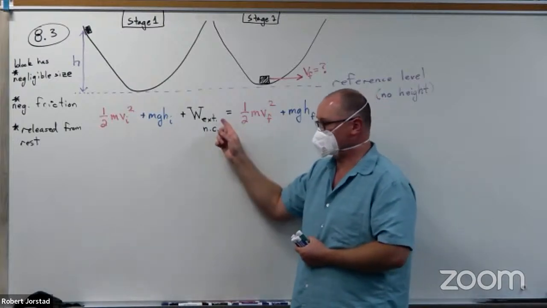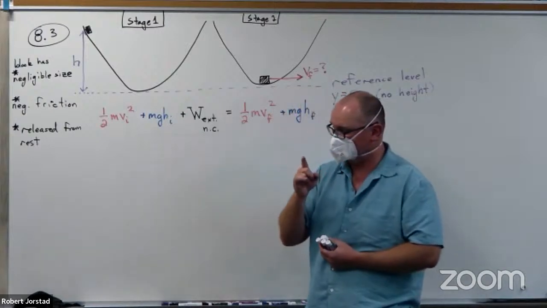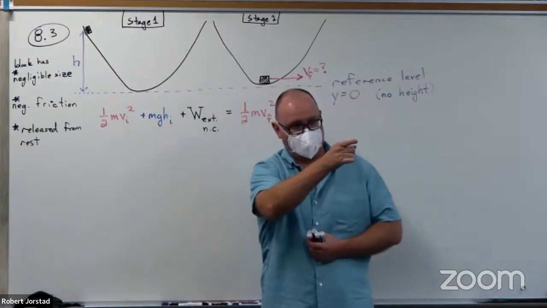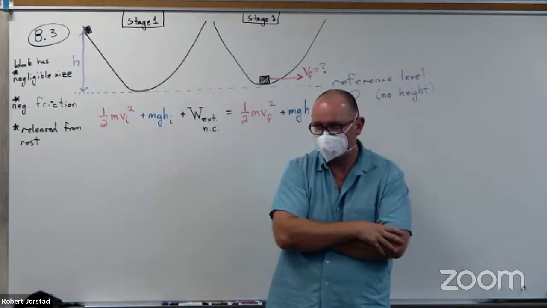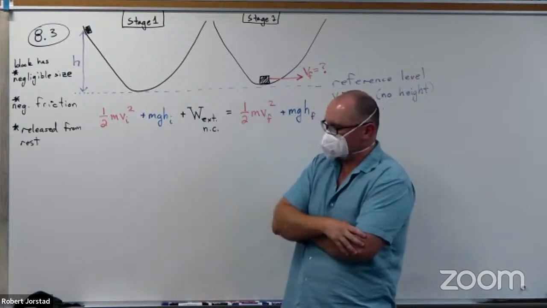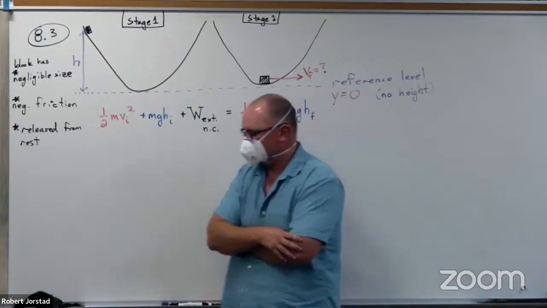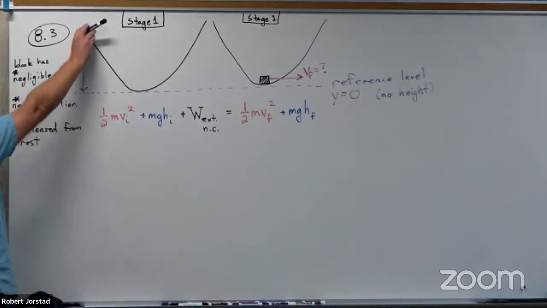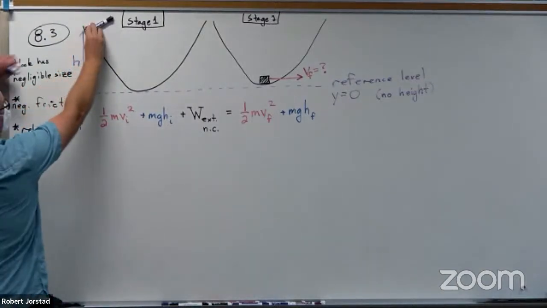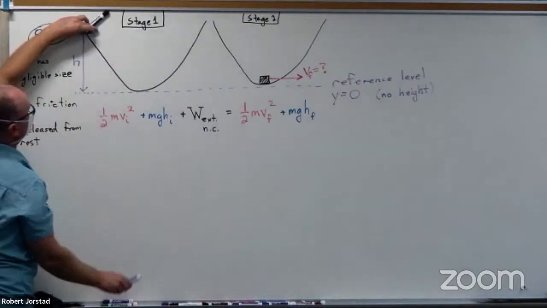That's external. Does the normal force do any work? I heard no. Why not? It's not coming off the track. I want to point this out. Which way does the normal force point right here? Perpendicular. I've got to mark it. It's moving this way.